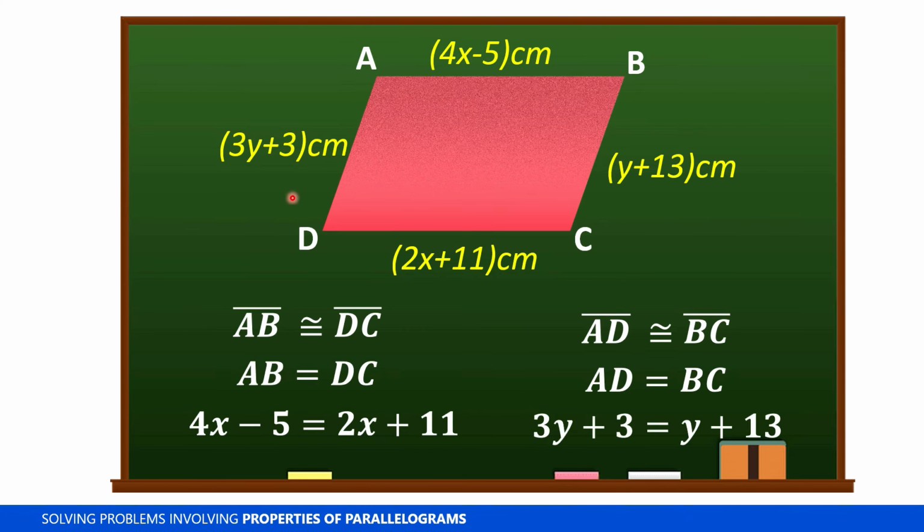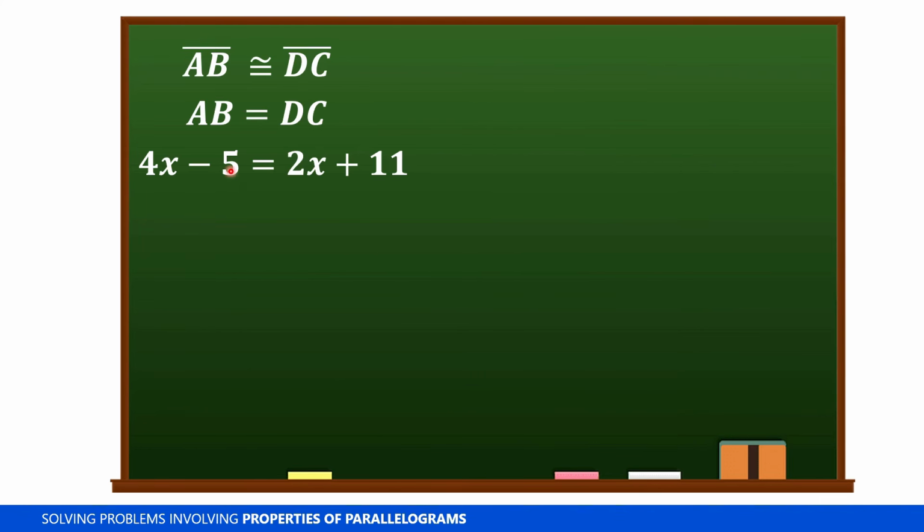So if AD is 3y plus 3, that is equal to y plus 13, which is the given for BC. So to solve for the measurement of side AD and side BC, we have to solve for y first. So first, let's solve for the lengths of AB and DC.